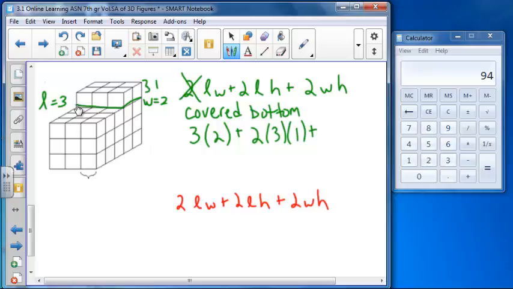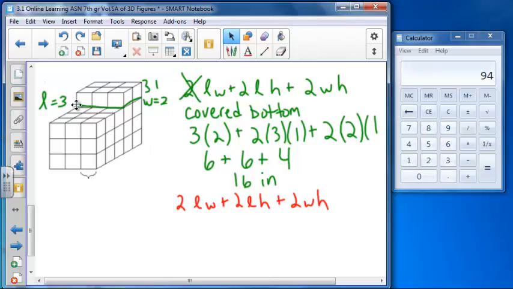The length is 7, the width is 2, the height is 4. 2 times 2 is 4, 4 times 7 is 28. 2 times 4 is 8, 8 times 2 is 16. 2 times 7 is 14, 14 times 4 is 56. We'll add the 3 numbers: 28 plus 16 plus 56 gives us a surface area of 100 square inches.